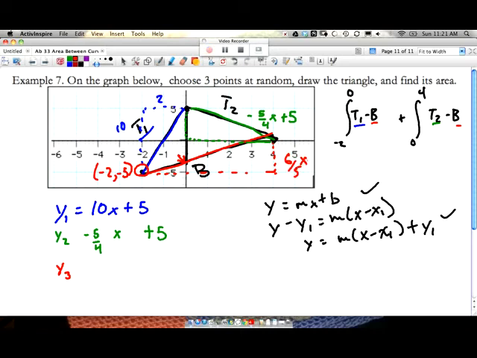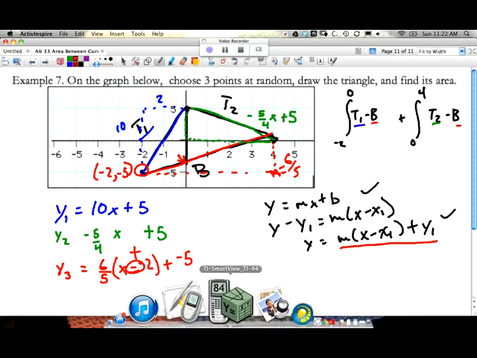We don't really need the x in there if we're talking about slope. The slope is 6 over 5. So y3 equals, using this format, the slope 6 over 5 times x minus the x value I put in here, which is -2, so that becomes x plus 2, and then plus the y value, which is negative 5.